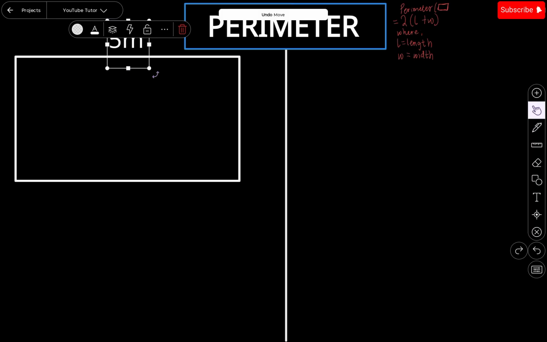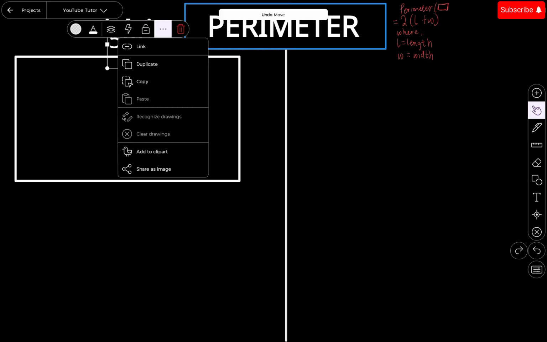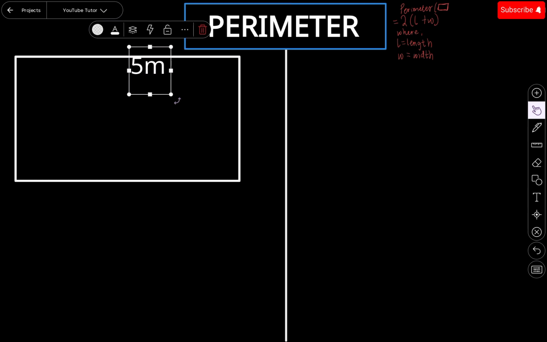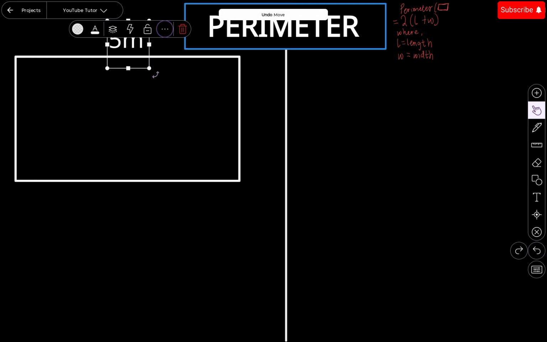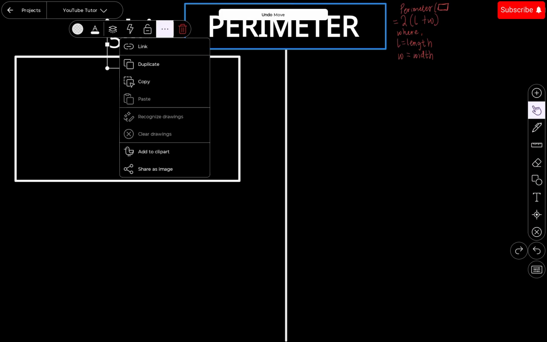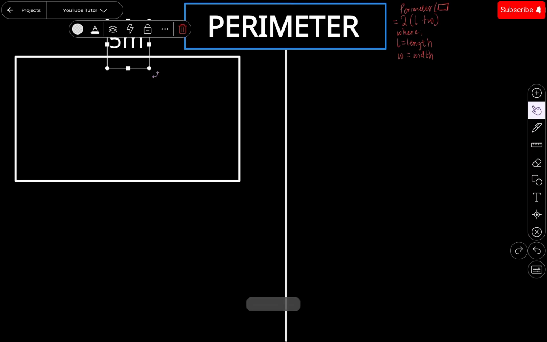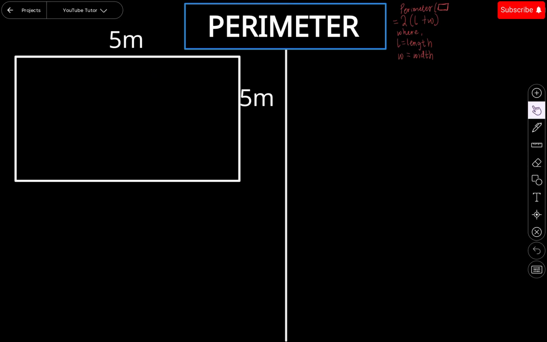Okay, let's see. I should be able to duplicate this. Why is it not duplicating? This shouldn't be happening in the video. My bad. Paste. Correct.